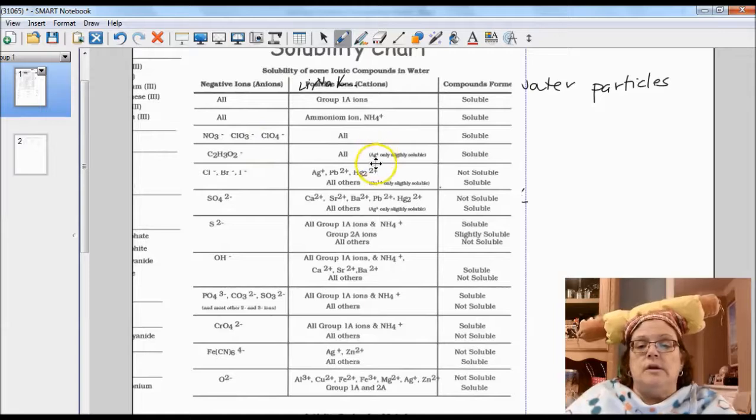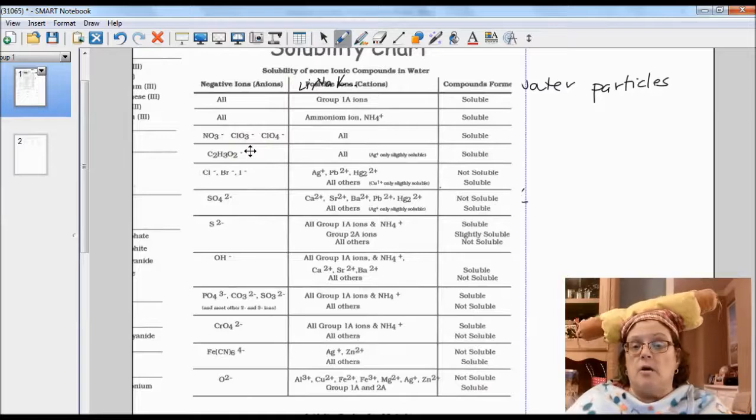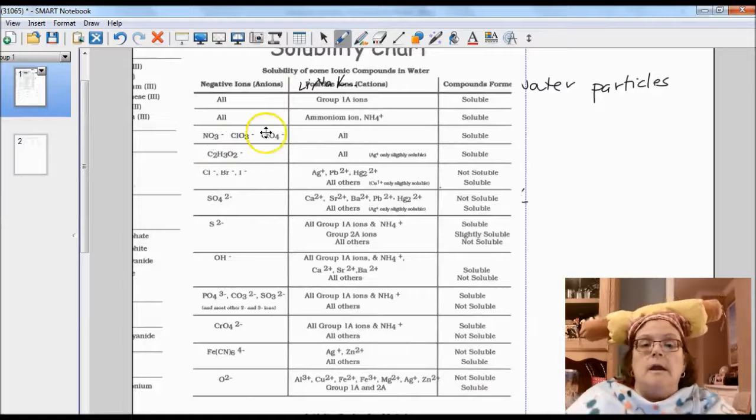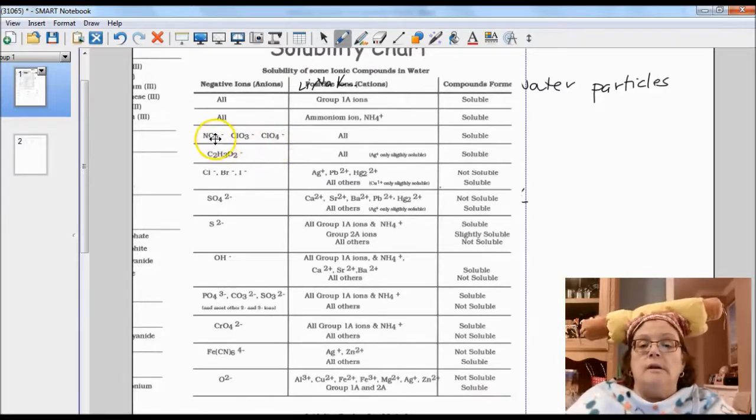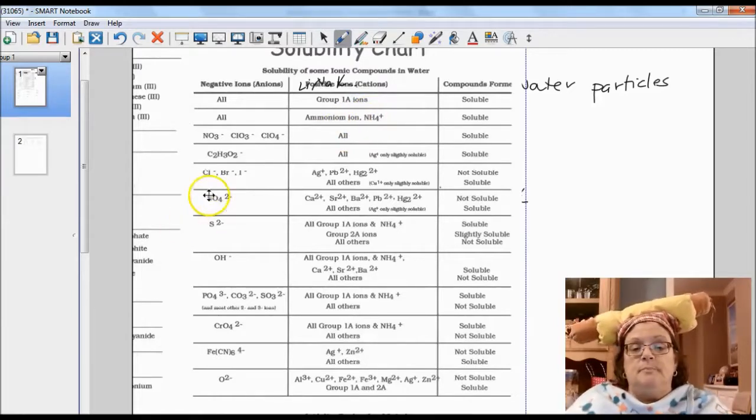And now it tells you over here, silver is only slightly soluble. This is going to be the first of a trend, you'll see. But for the most part, any acetate you have. So if we went back to the chemical closet behind 203, anything that says nitrate on it, we could get it out, it'll go into water. Anything that says chlorate on it, anything that says perchlorate on it, or anything that says acetate. Okay? Anything with a sodium in it, potassium in it, anything with ammonium in it, going to be soluble.